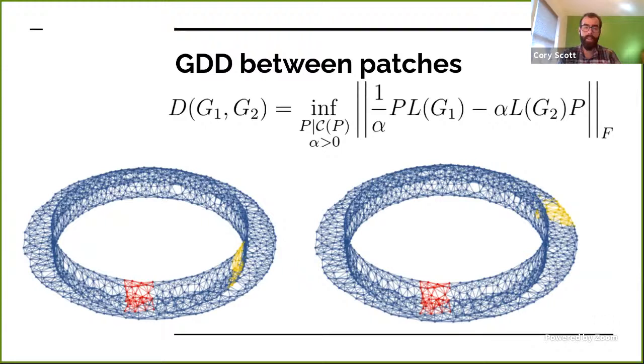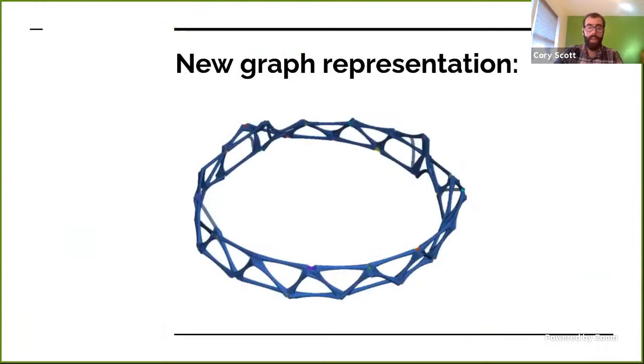So we're taking these local patches and comparing them to one another in terms of whether diffusion is similar in those areas. When we do that, we get a new representation of the graph where we've coarsened the graph according to our coarsening algorithm, and we've put down weighted edges according to how similar neighboring patches are in terms of that diffusion distance operation.